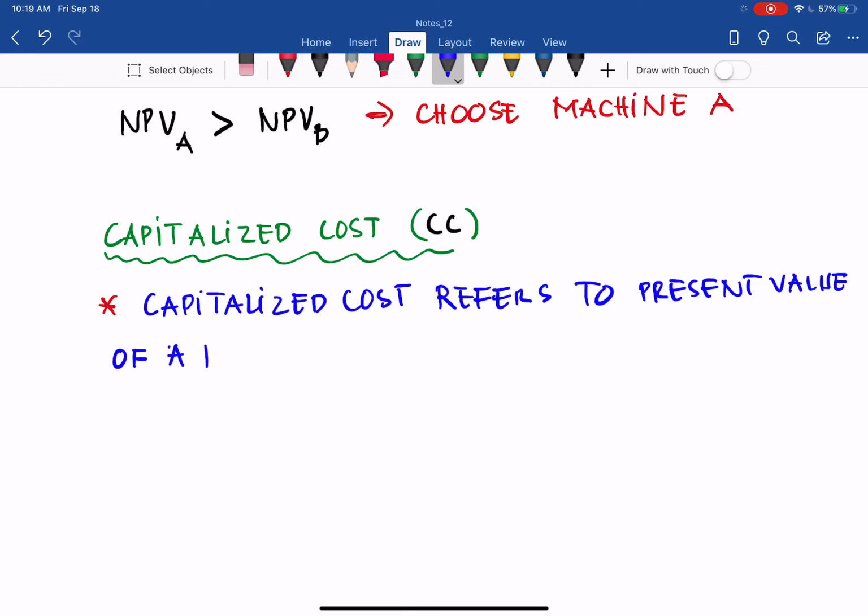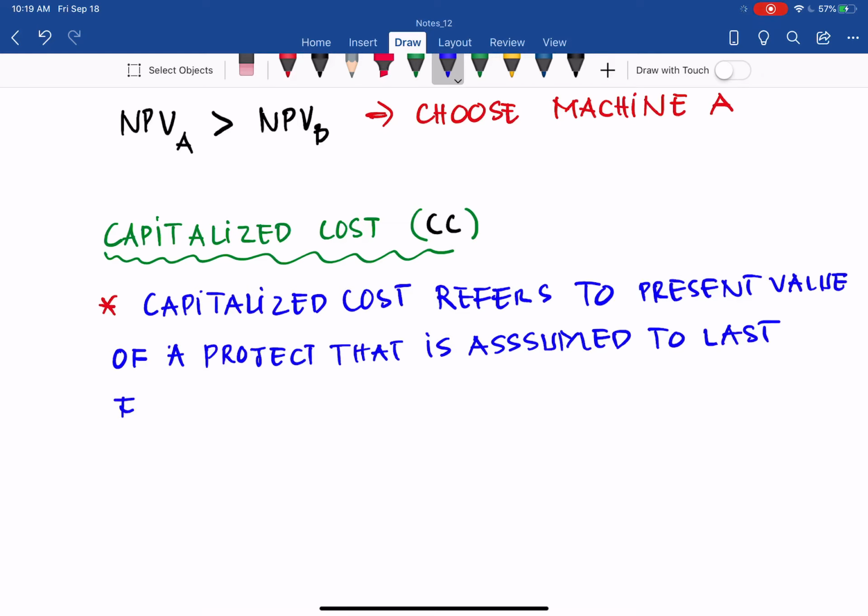Of a project that is assumed to last forever. So the keyword is last forever.